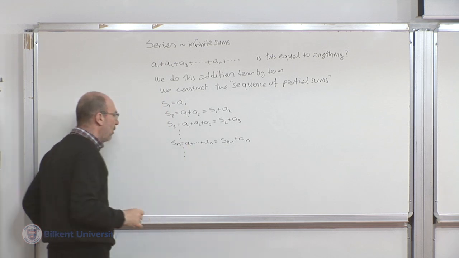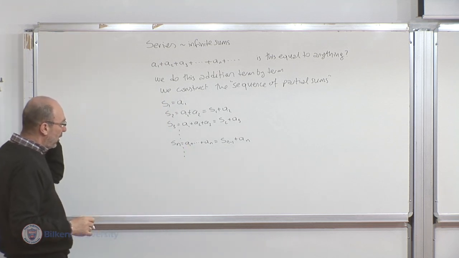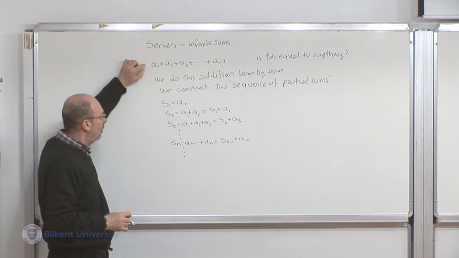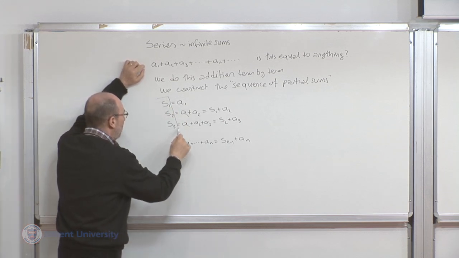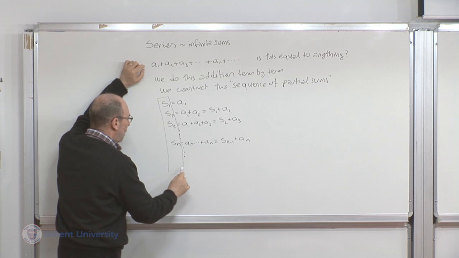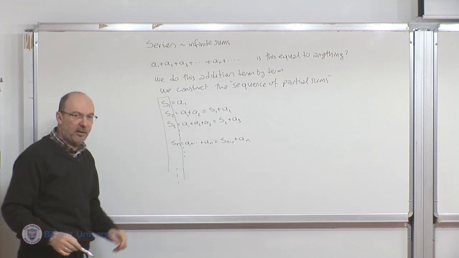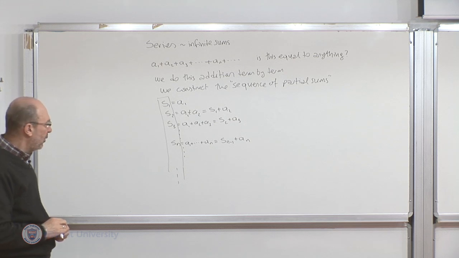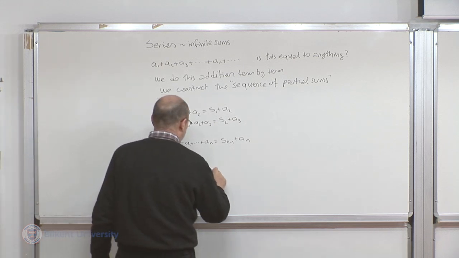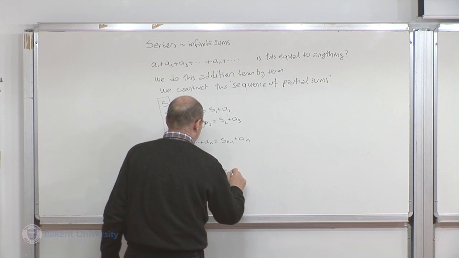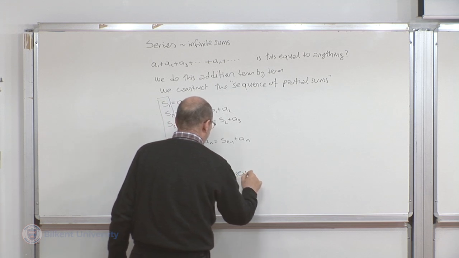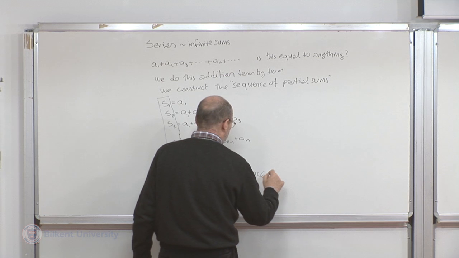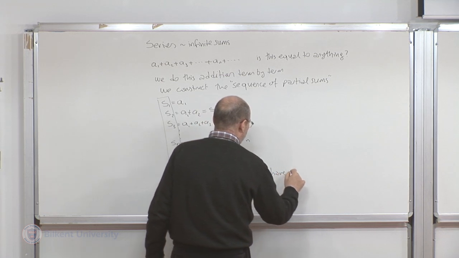We keep going. Okay, so now we change the problem of adding infinitely many terms to considering this sequence. So this goes on like this. We ask the question: does this sequence have a limit?